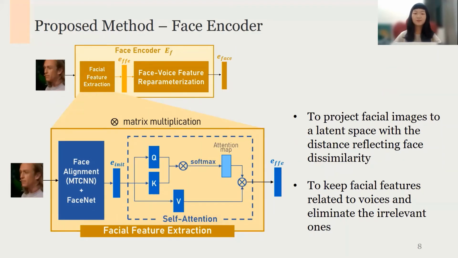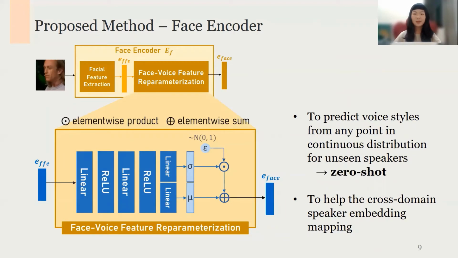The features then pass into the next module. In face-voice feature reparameterization, we adopt a reparameterization approach to introduce stochasticity into the network. This process has two advantages. First, since any point in the continuous Gaussian distribution is representative, the model can locate unseen faces on any possible point on the speaker distribution, which performs zero-shot conversion.